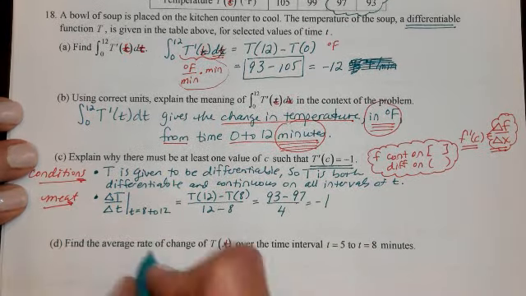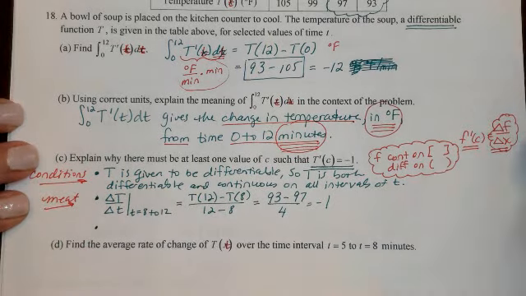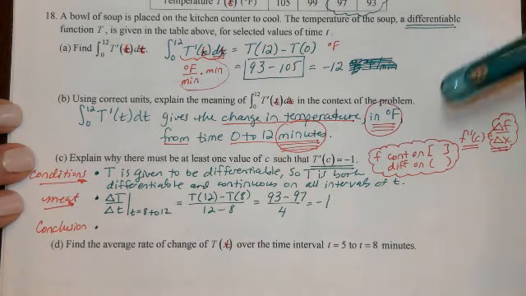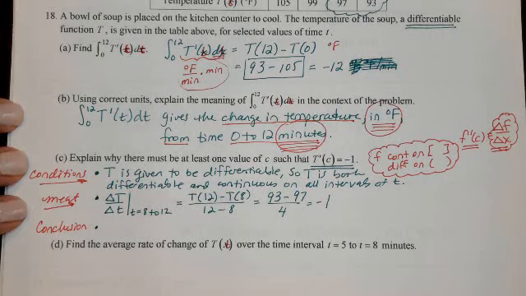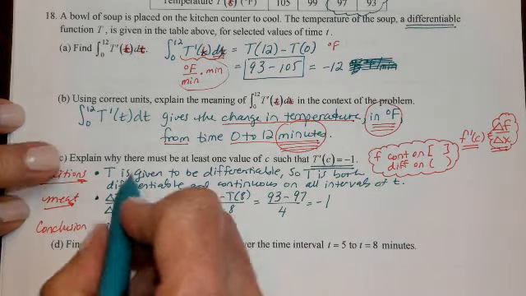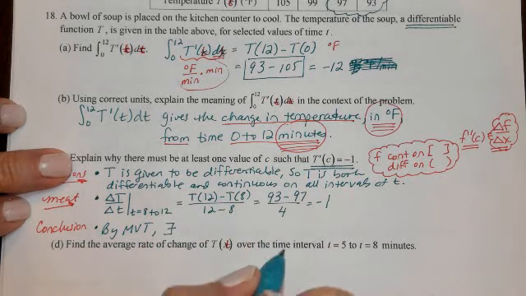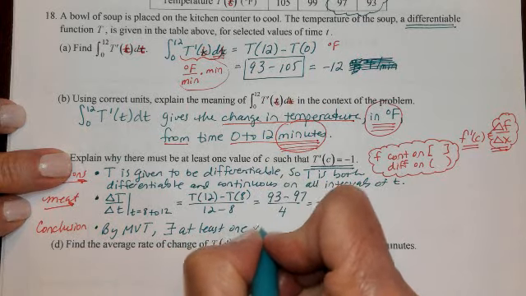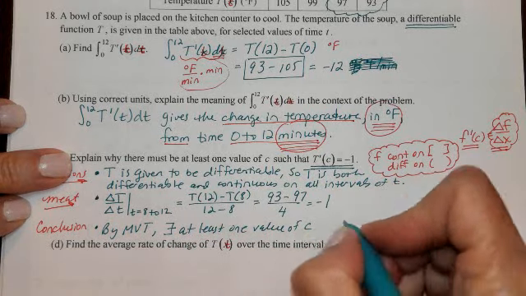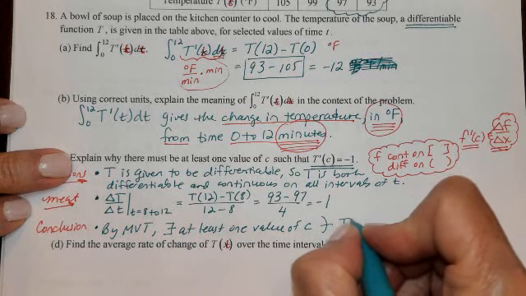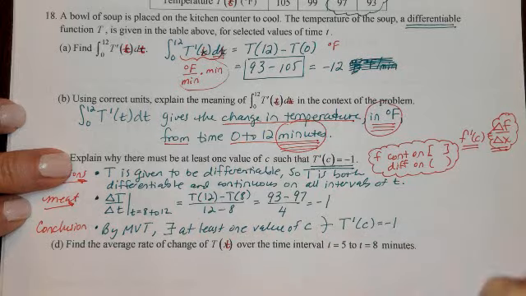Okay? After you show that, now we can come to your, what did I call this? Your conclusion, I think? Or your statement. Sometimes I used to call it that too. Your statement or conclusion. So, by MVT, there must be, so there exists at least one value of C, and all I'm doing is repeating this, such that T prime at C is equal to -1.